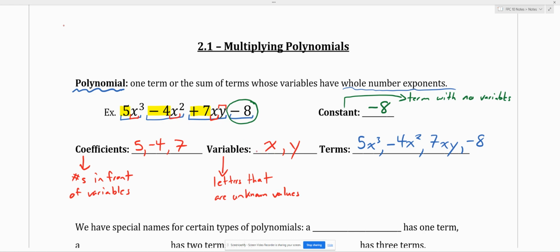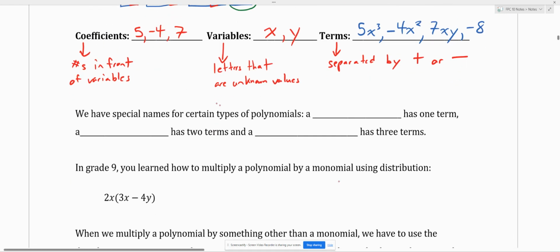All right. So, one thing I'll remember to add, it says it above, but terms are separated always by addition or subtraction. All right, now we got some special names for some of these polynomials.